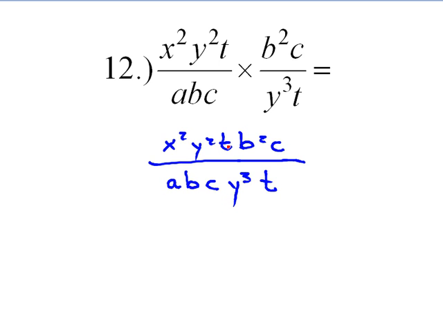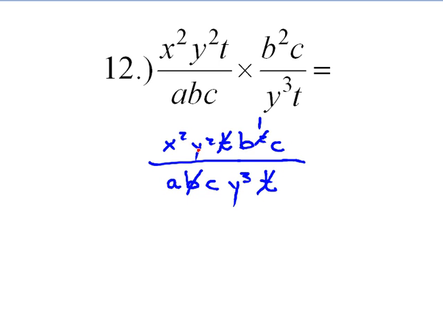Alright, we see easily that this t and this t cancel each other out. How about this b? We've got a b squared here and a b, so we'll cancel this one and we'll change this to a 1. So we've canceled 1b.